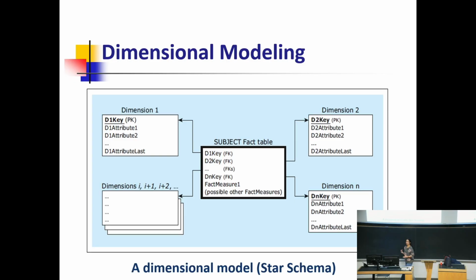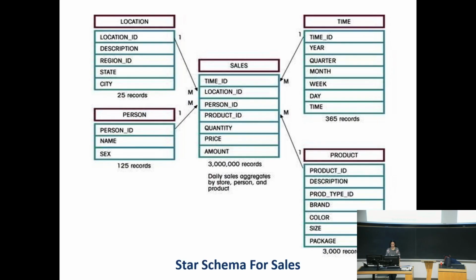Because if you use the original primary keys which we use in the relational schema, for example, let's say this is product dimension, right? So we had product ID, which is your primary key.